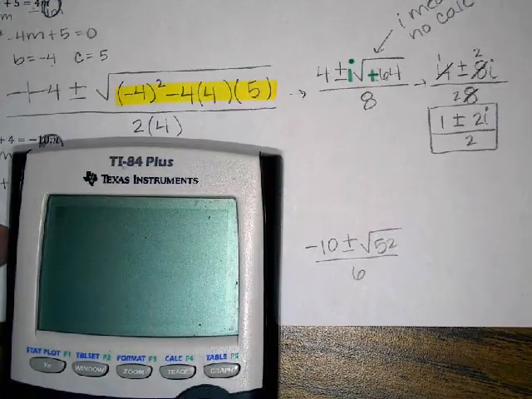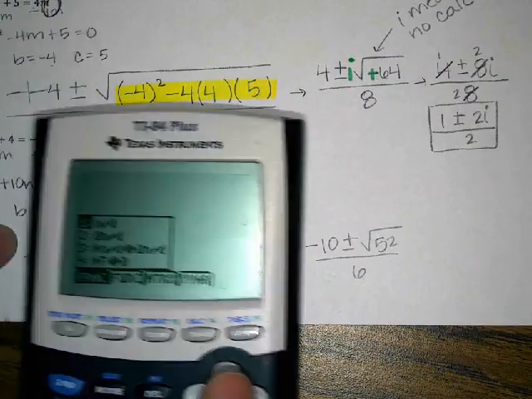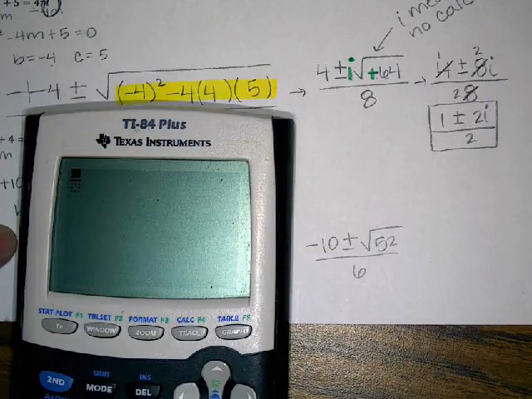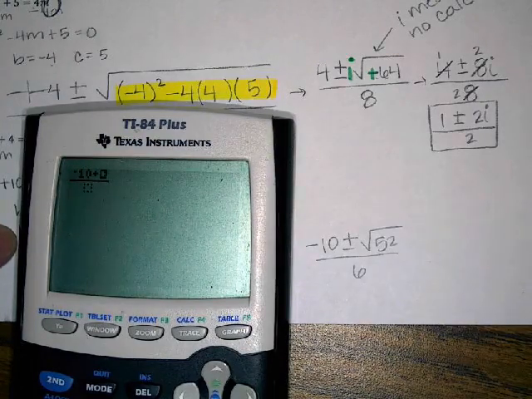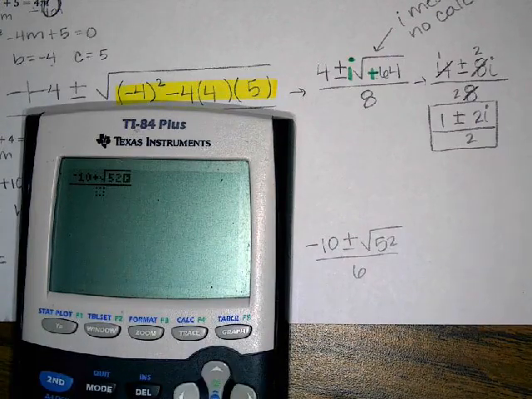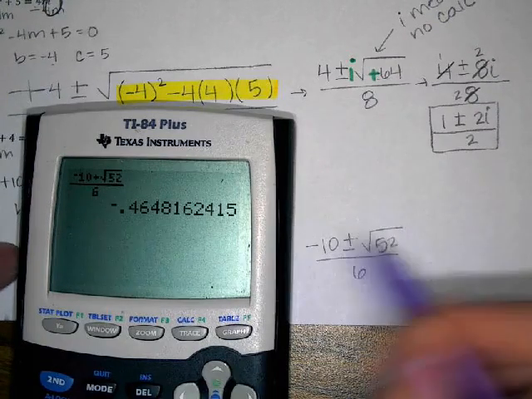Alpha y equals. I've got negative 10 plus, how do I get a square root on the calculator? Second x squared, 52 over 6. What do I get? A decimal, so I'm going to put 3 decimal places. So x, I'm going to put a squiggly equal.